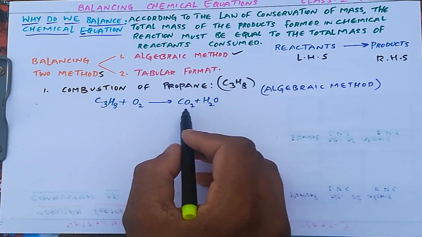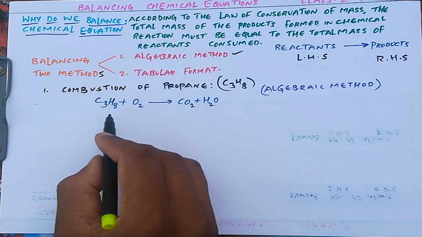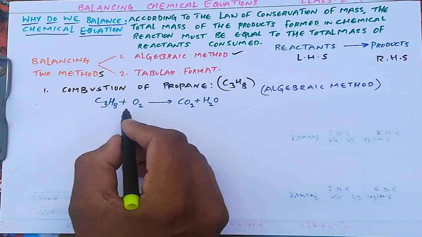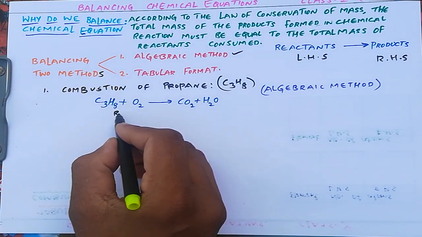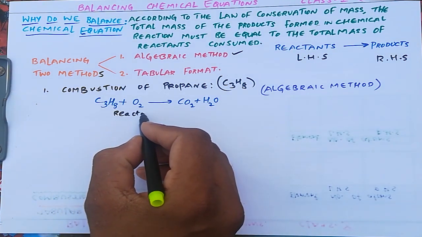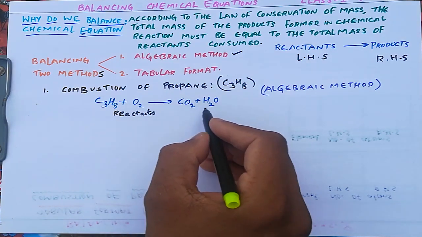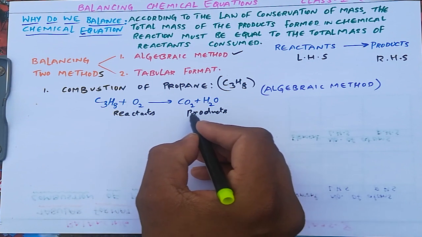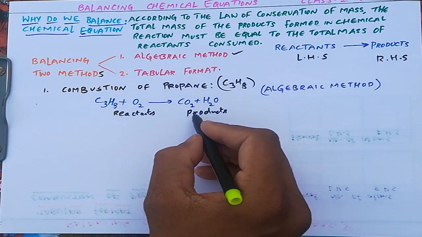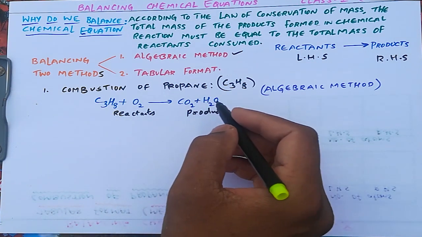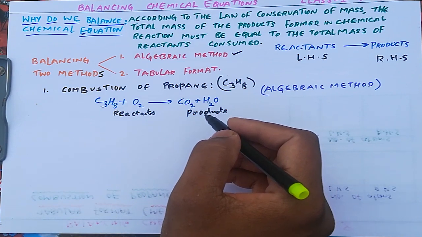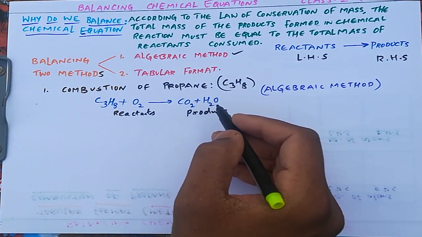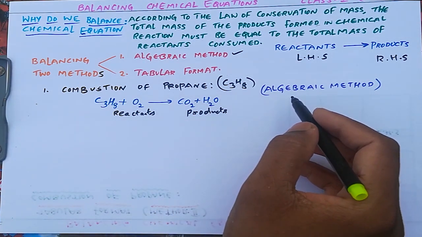This is a water molecule, a carbon dioxide molecule. The LHS part is called the reactants, and reactants give rise to products. The products in the combustion of propane are mainly carbon dioxide gas and also water formation. I am explaining this combustion of propane with the algebraic method.